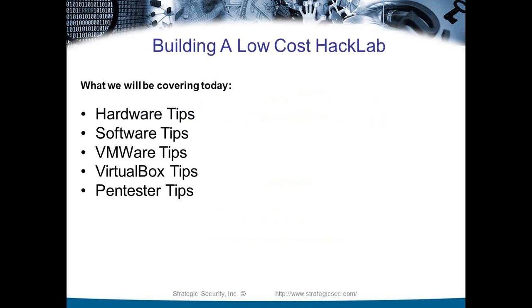So let's jump in. Today we're going to cover hardware tips, software tips, VMware tips, and VirtualBox tips, and then, of course, the pentester stuff. I'm not going to cover things like Xen or some of the other things. I've also had people ask me about online options, like CloudOcean, CloudSource, Rackspace, and Amazon.